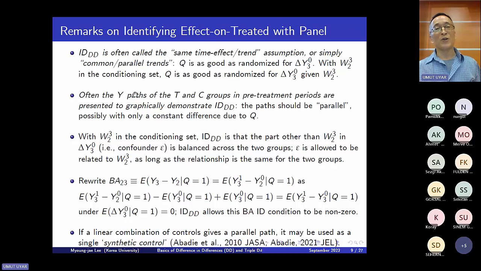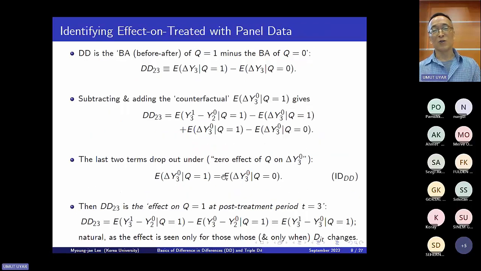So as written here, in applied papers, you can see that the outcome paths of the treatment and control groups are presented graphically to demonstrate that this condition holds before treatment actually starts.